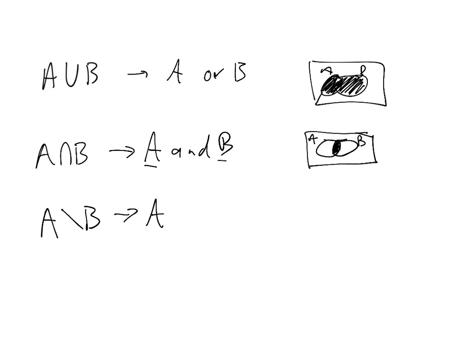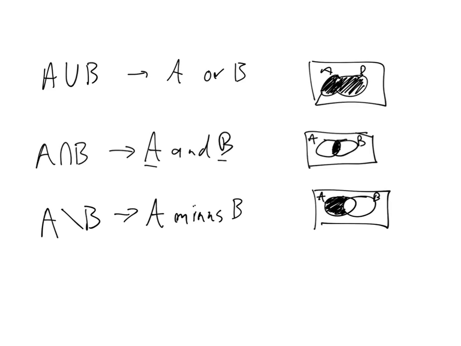We have A minus B, or A difference B. And what we would do to get A difference B is we would shade A, and then we would erase everything that's a part of set B, which would give us something that looks like this.